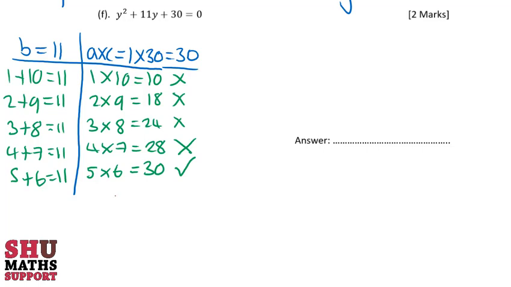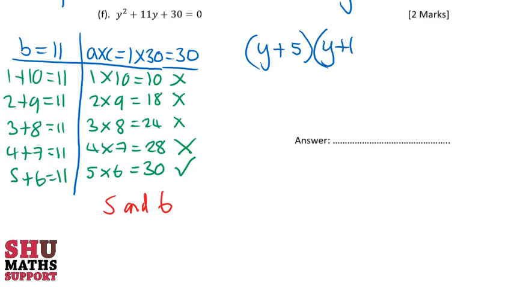Now we can set up our double brackets. So remember we're using y, so we need y plus 5, all times by y plus 6 is equal to 0. And let's just check this, make sure we haven't made any mistakes. So we've got y squared plus 5y plus 6y plus 30 is equal to 0.